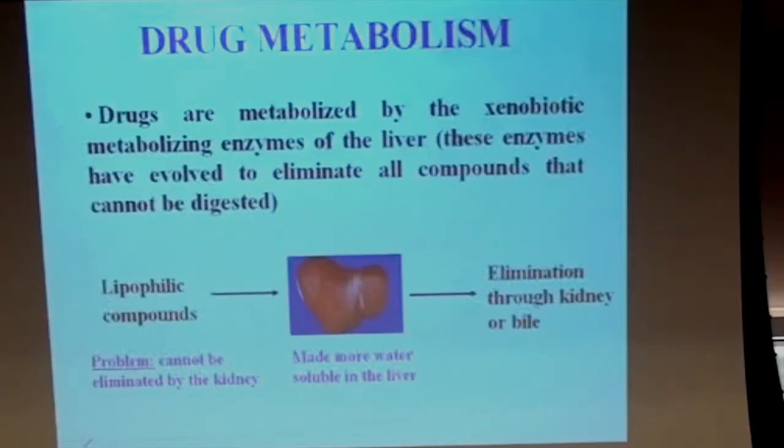So we have enzymes in the liver that will metabolize alkaloids, terpenes, spices, stuff like curcumin. So anything that is lipophilic and that would accumulate in our body is being made more water soluble in the liver. And the liver happens to metabolize drugs, but its main purpose is to deal with anything lipophilic we eat.